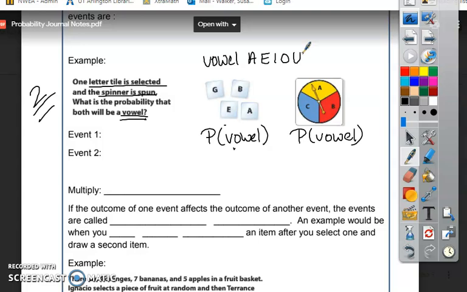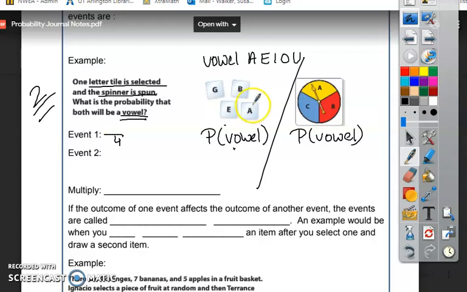Okay? So we're going to do the simple probability. Do not look at these together. These are completely separate. Okay? So right here, first of all, what I want you to know is that the denominator is 4 because that is the total. There are 4 tiles. Okay? I want a vowel.